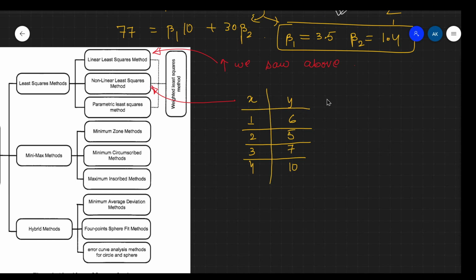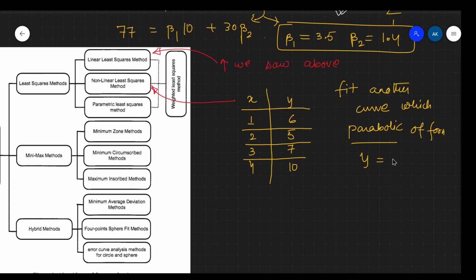Someone will ask me to fit another type of curve, a parabolic curve of the form y is equal to a x square. This is the question.